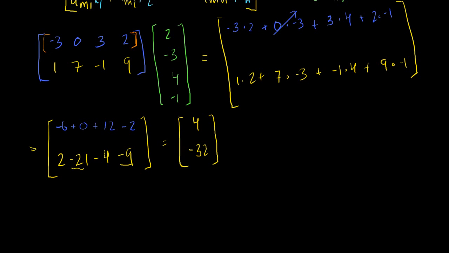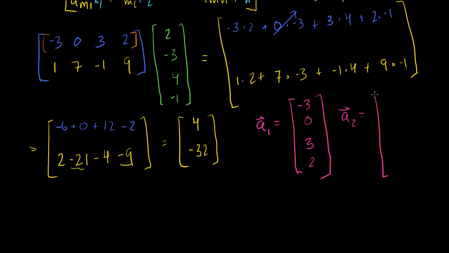Let me define vector A1 is equal to minus 3, 0, 3, 2. And let me define vector A2 to be equal to 1, 7, minus 1, 9. So all I did is I wrote them in our standard vector form, as column vectors.